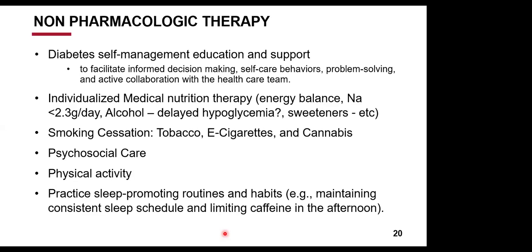So you want to counsel them on sleeping routines, things like maintaining a constant sleep schedule. If they sleep at 10, they should always ensure that they sleep at that time. If they sleep at midnight, it should be at that time. And also, you want to tell them that they should not be taking caffeine, especially from midday onwards. They should not be taking any caffeine.